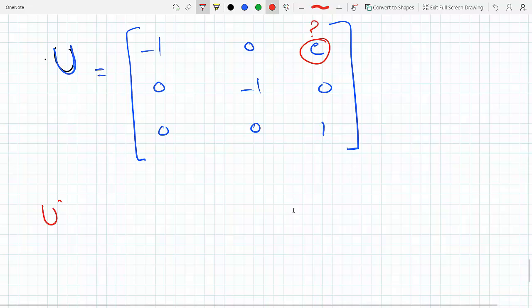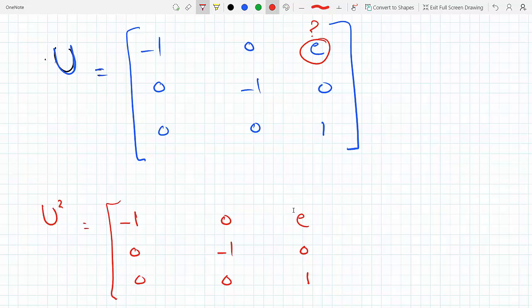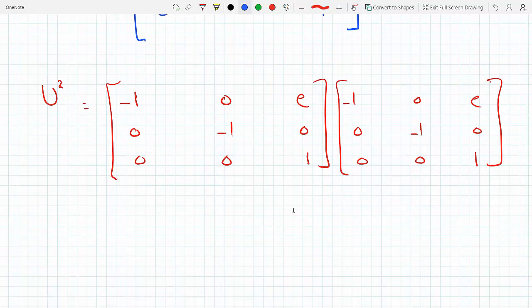So U squared, I would have to multiply these with each other, so minus 1, 0, E, 0, minus 1, 0, 0, 0, 1, times itself. Assuming people here in this class are fairly comfortable with matrix multiplication, but I'll just go ahead and illustrate one of them.